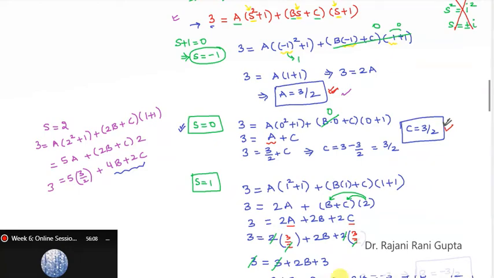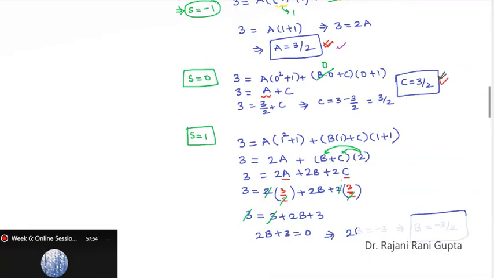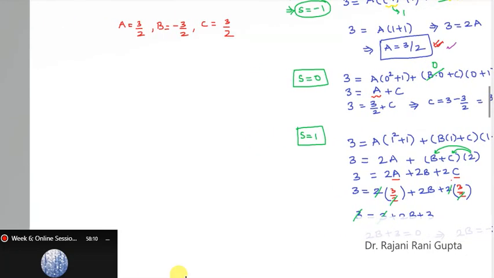If there is no choice like that, then you have to come up with such things: you have one equation in b and c, you have another equation in b and c, solve them and work with it. So now we have the values of a, b and c. Let's write it down. a is 3 over 2, b is minus 3 over 2 and c is 3 over 2. Wow, we got all the same values, huh?